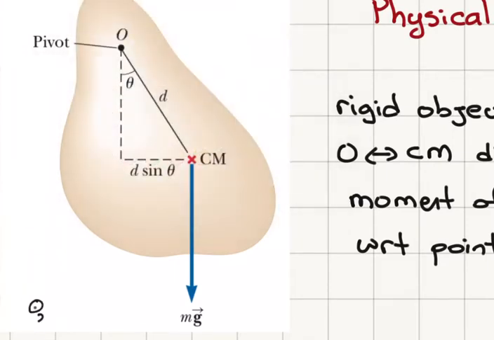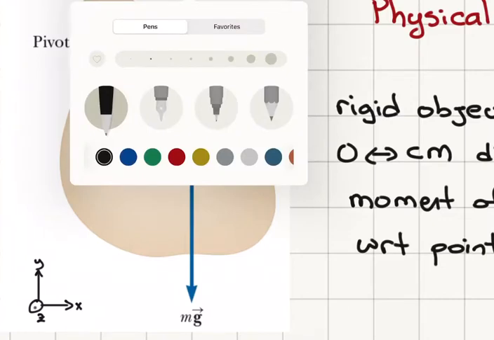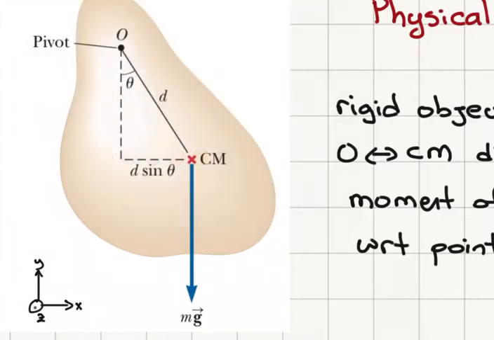Okay, so let me concentrate on this scenario here. First of all, I call this axis the z-axis. This is the x-axis, this is the y-axis. Okay, and I see that there's going to be a torque, a rotational effect of this force around this pivot point.